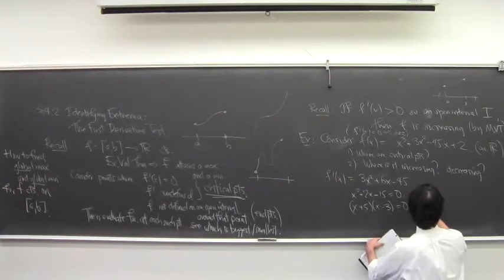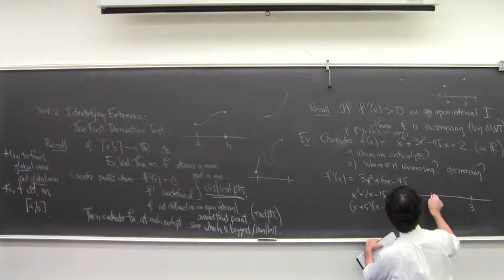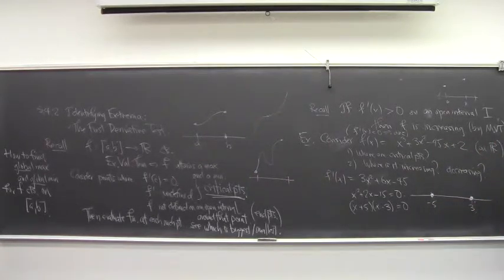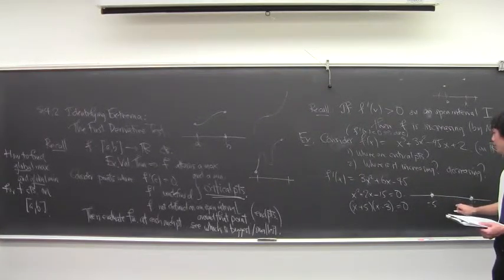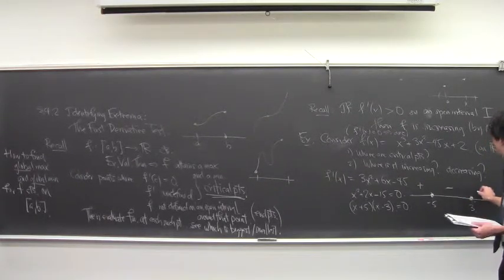Then I made a number line at -5 and 3, and tested points: I picked -6, 0, and 4. I got positive from negative infinity to -5, then negative, then positive.